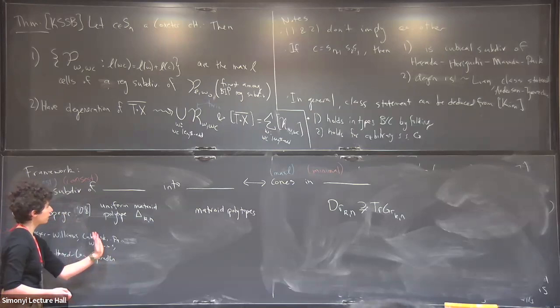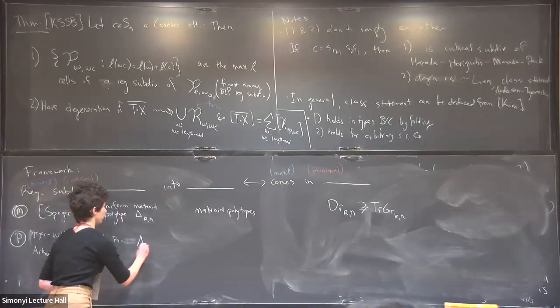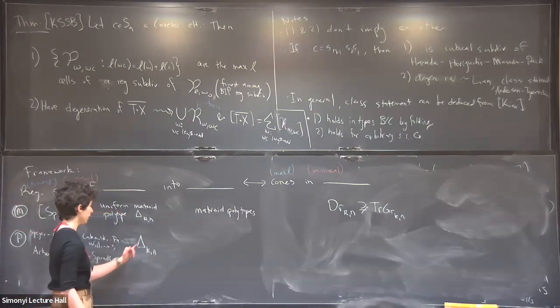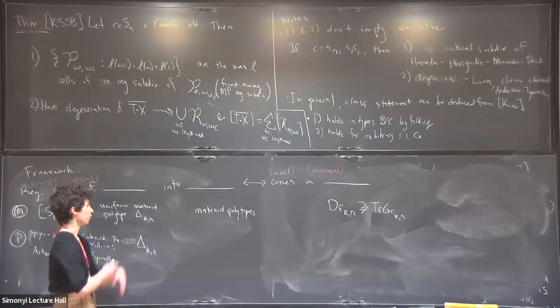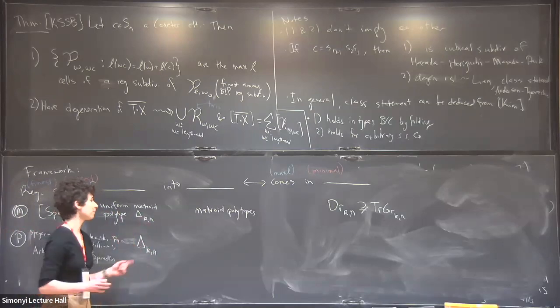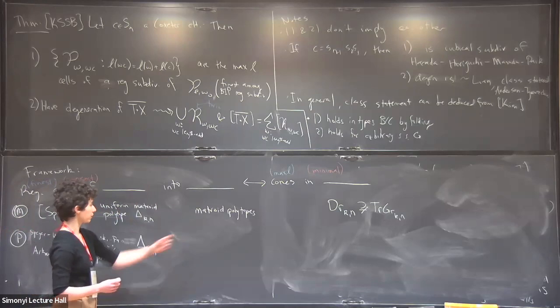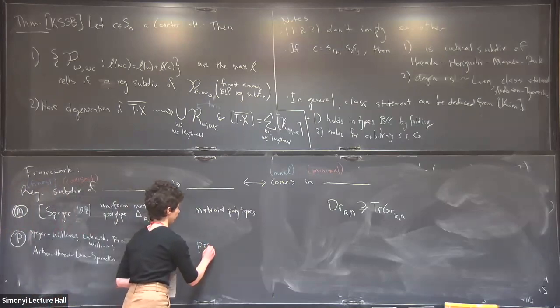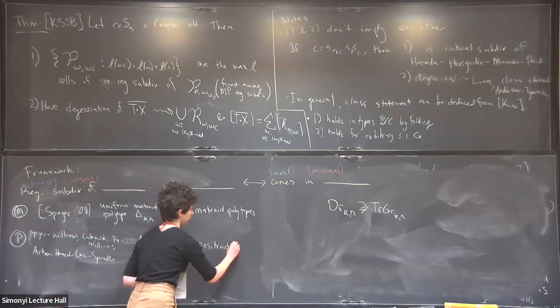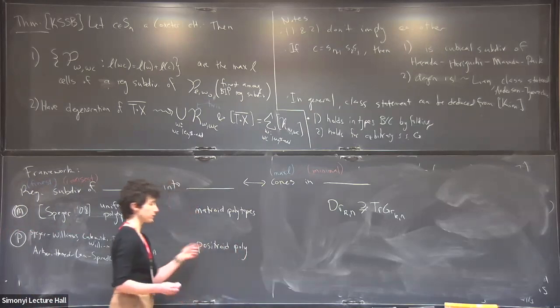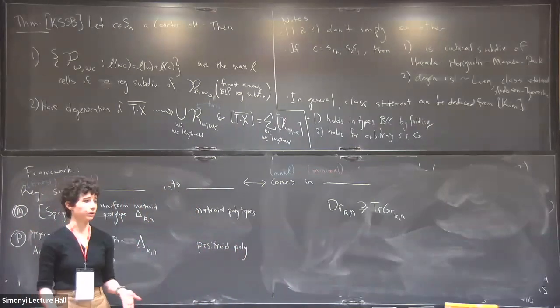What they did is they kept the uniform positroid polytope, and then they looked at regular subdivisions into positroid polytopes. A positroid is just a positively realizable matroid.